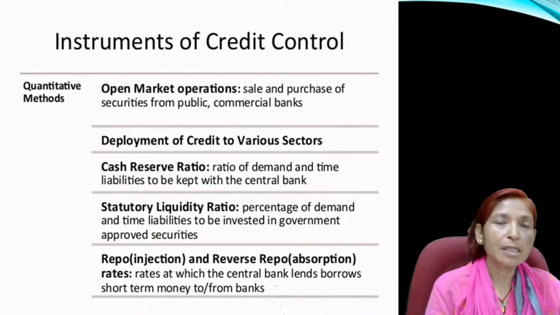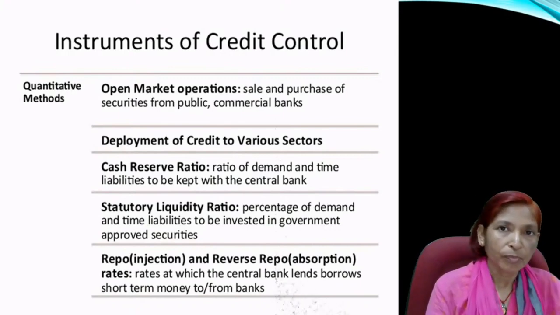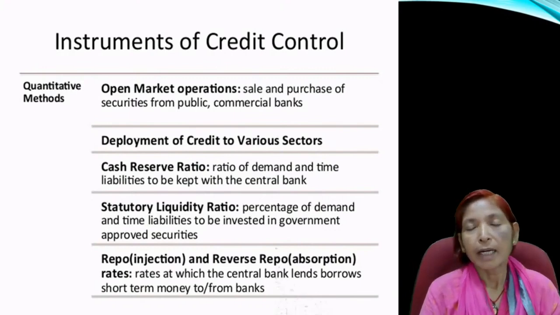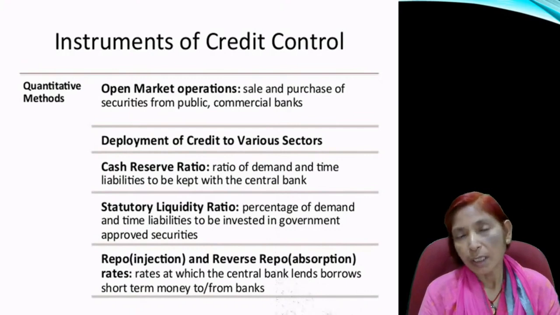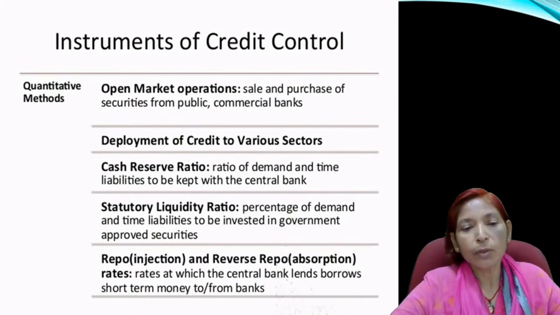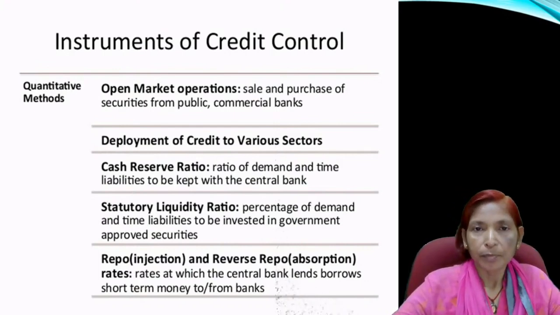By changing this CRR, credit creation can be controlled. If CRR increases, credit creation will be less, and if CRR decreases, credit creation will be more. It means there is an inverse relationship between cash reserve ratio and credit creation.